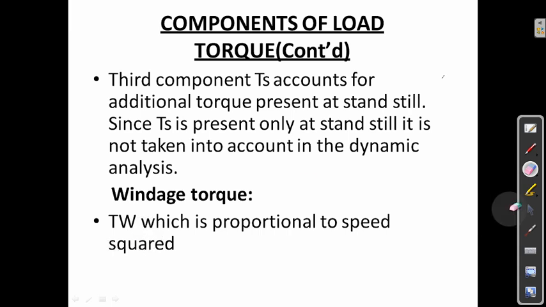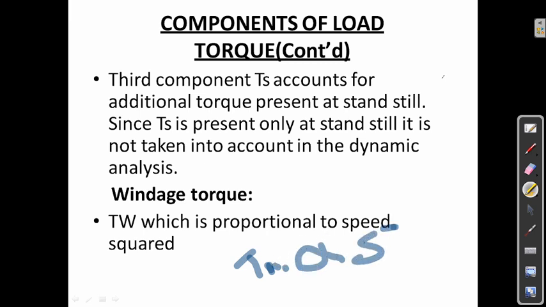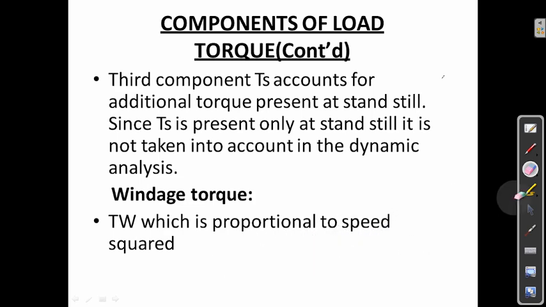Here the component of torque is the windage torque TW, which is proportional to the speed squared. That is the main concept of windage torque. These are all about the active and passive load torque. Thank you.